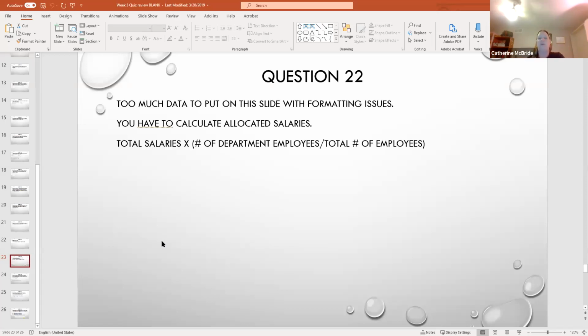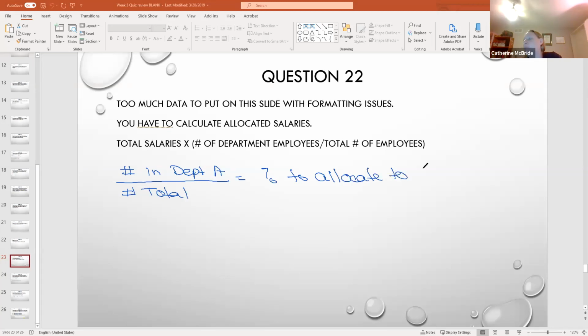take, like, if it was for a specific department, and we've done this before in a lot of other circumstances, you would take the number in department A divided by the total number, which gives you the percent to allocate to A. So if it was baking department or mixing department, it doesn't matter.